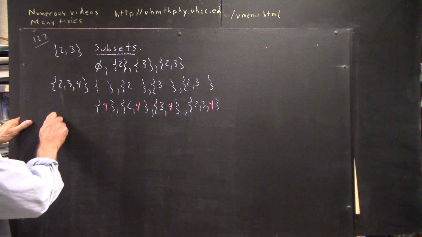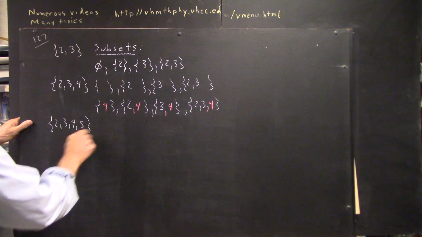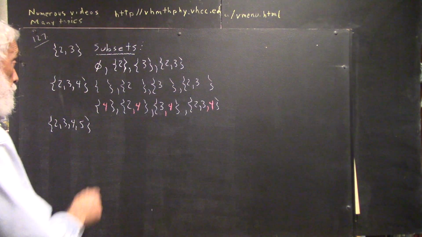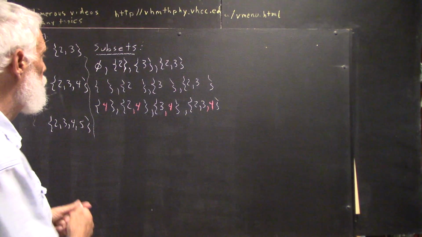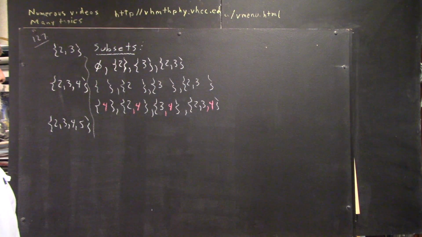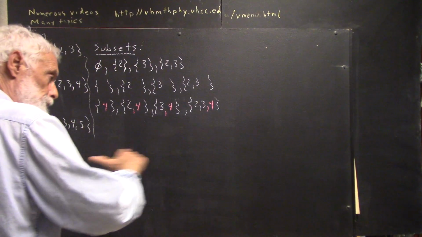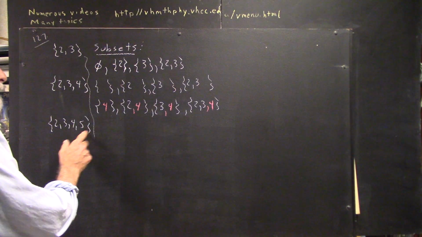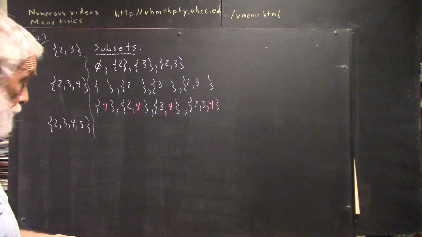So if we went to 2, 3, 4, 5, adding another element to this set, then we could list all 8 of these subsets, and then we could list them again. In the second row, we could add the element 5 to every one, and we would have, again, doubled the number of subsets.